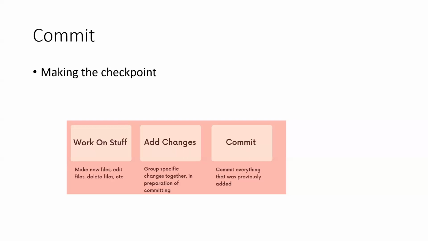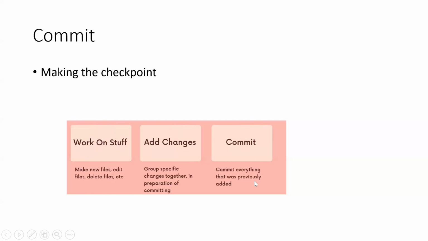Suppose we are working on a particular coding file, coding on top of it, and I want the particular changes to be tracked by Git. So I need to add the changes there and I need to commit them.